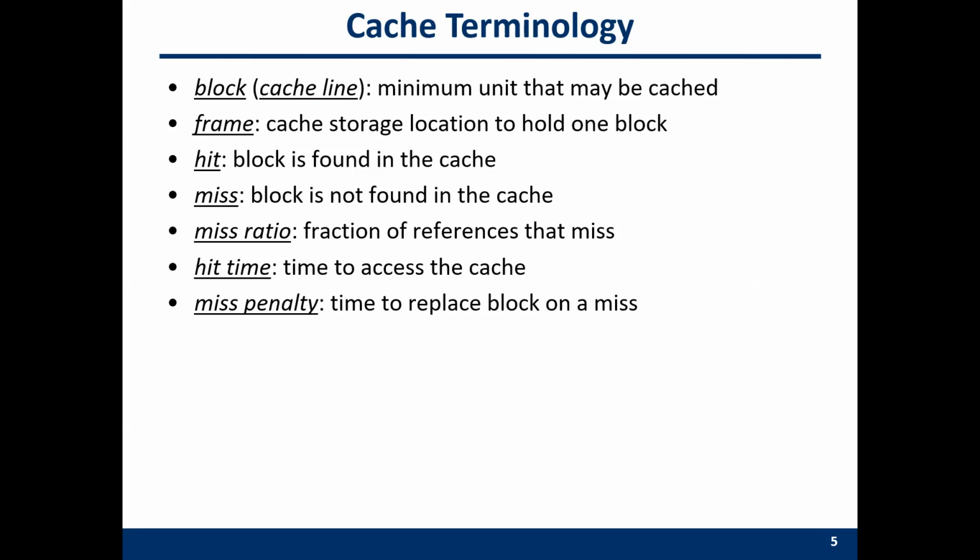If you cannot find it, then it's a miss. Of course, we have a miss rate and hit rate, and the time to access one block is the hit time. If we have a miss, the time we need to replace a block is the so-called miss penalty. Don't worry, we will explain each concept in the following slides one by one.